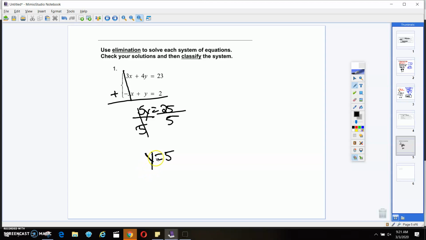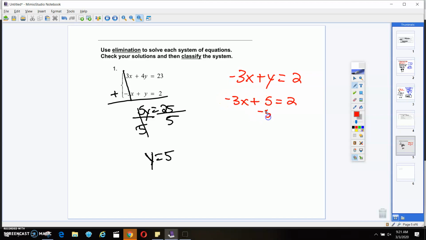Okay, so now we're going to take 5 and plug it back into the other equation. And really on this one, you get to pick. It doesn't matter. It should be the same on both unless you've done something wrong. Okay, so I'm going to plug it into the second equation, where that y is, I'm going to write 5.